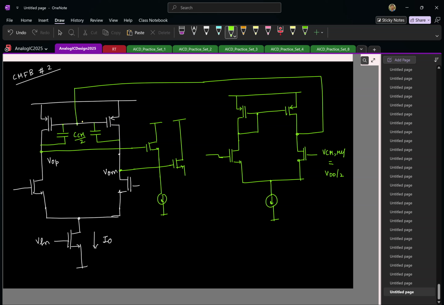So I am drawing a common drain, simple common drain. So the outputs will be tapped from these, and I'll add the resistor at the output of the buffer. Okay, this is RCM.